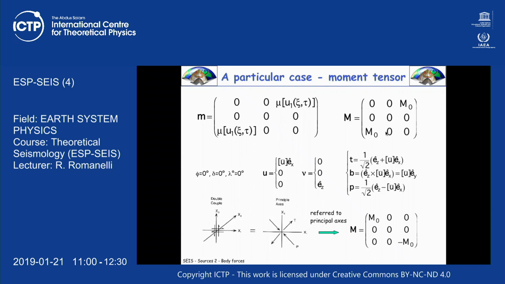For example, in this specific case, with u in 1 and e in 3, the real moment tensor distribution will be this. And once you integrate over the area, it's like that. M0, M0. 1, 3, 3, 1. One couple is this, the other couple, sorry, is this. That's it. And it is this one.